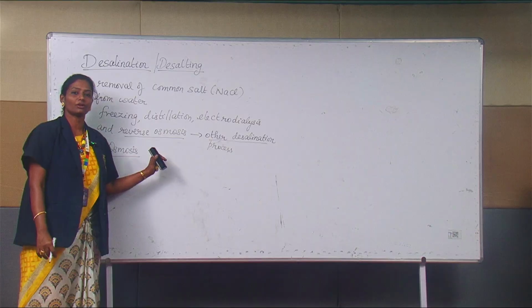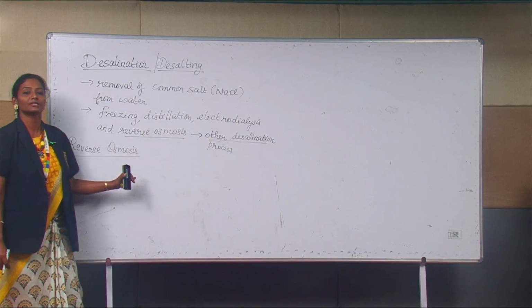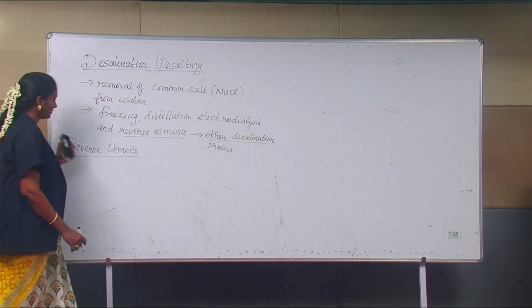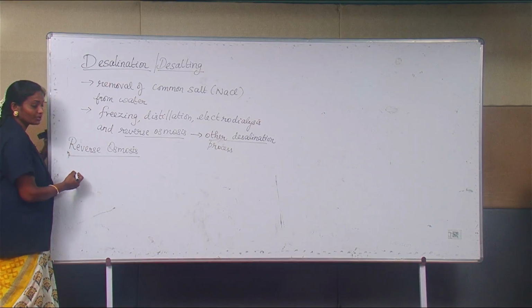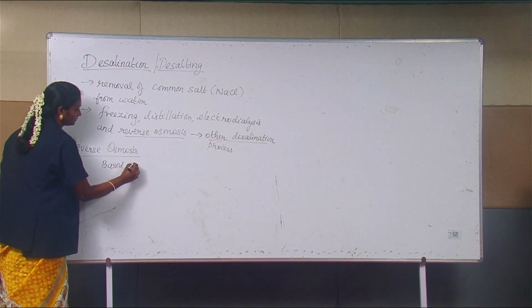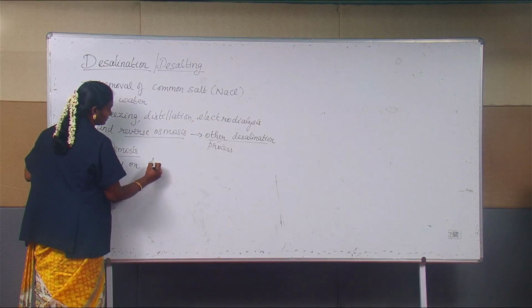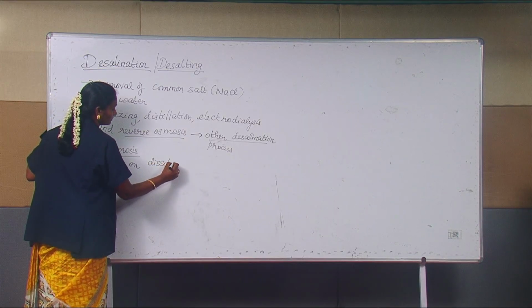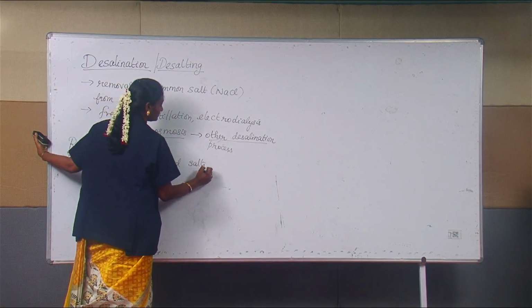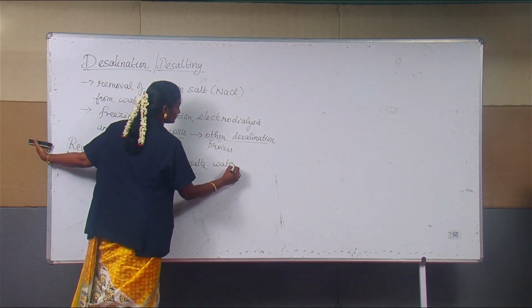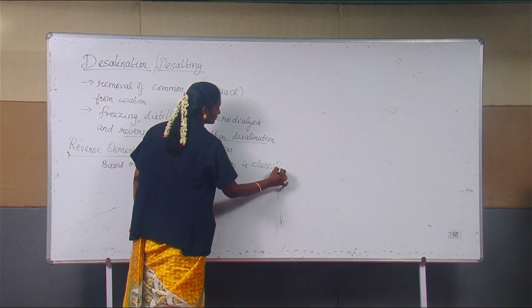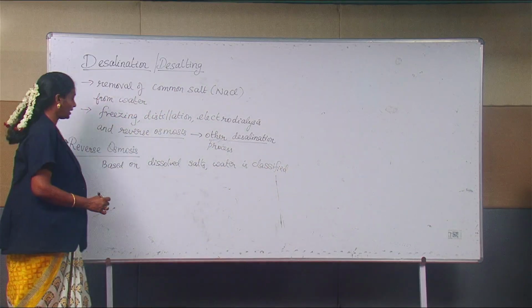Before going into the topic, we shall know about the classification of water based on the presence of dissolved salts. Based on dissolved salts, water is classified into three types.